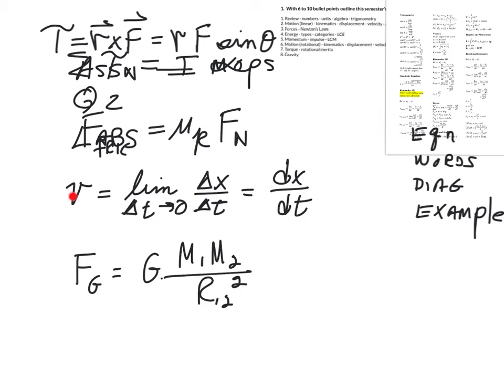This V is for instantaneous velocity. The instantaneous velocity is, what is this? This is the average velocity, where the average velocity is calculated over a smaller and smaller time interval.